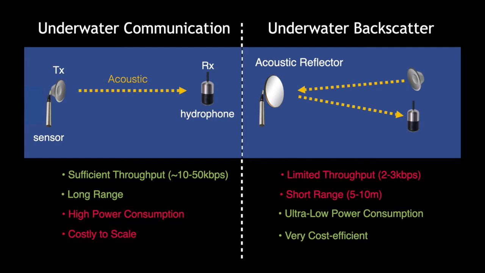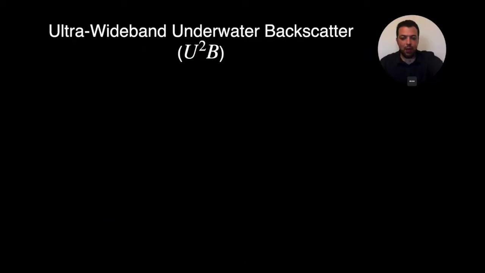In this talk, I will tell you how we can get the best of both worlds and we can design a system that can give us ultra low power and cost efficient communication while having a sufficient throughput over a long range. I will be telling you about the technology that we build, which is called ultra wideband underwater backscatter, or in a short form U2B.